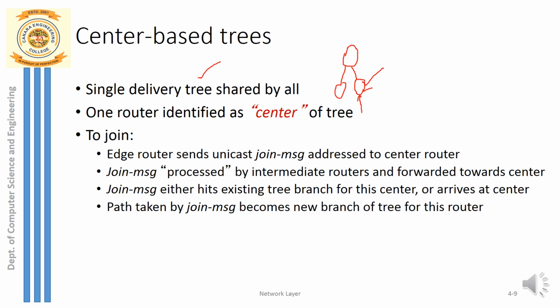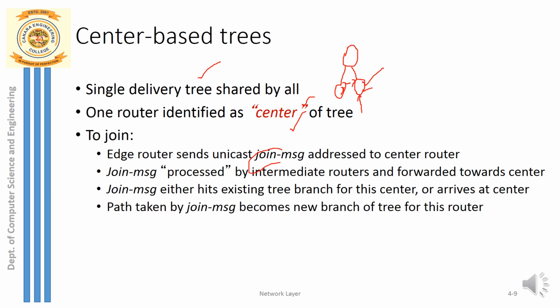Similarly, that center has one more responsibility. Any group members, any routers, if they want to participate in multicasting, first those routers should send a join message to this center node. Once the join message is sent to the center node, it is the one which will allow those routers to join the multicast group. So here, for the multicast group tree, the join message is sent first.